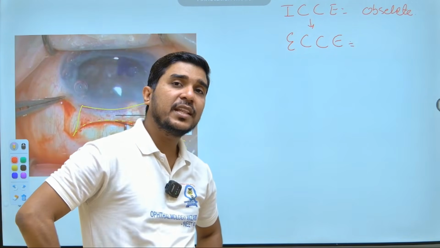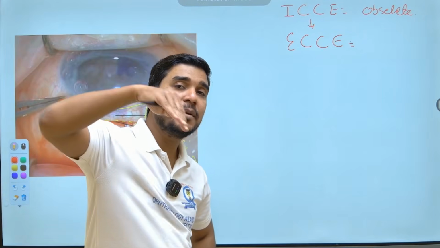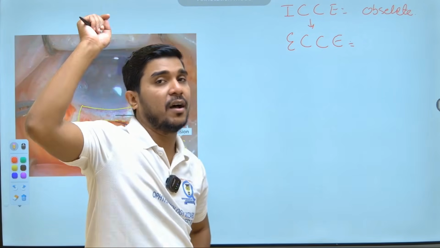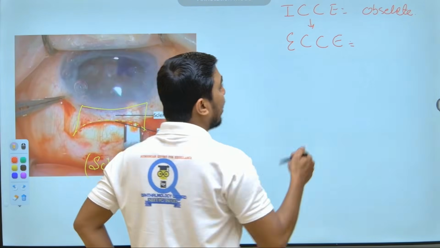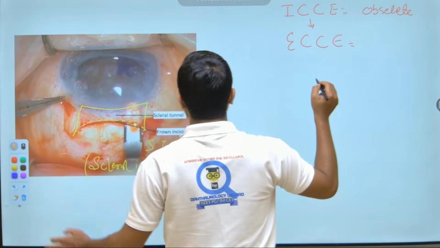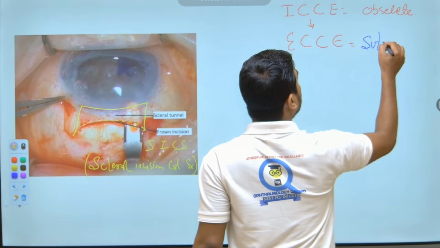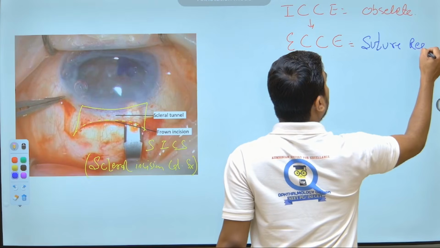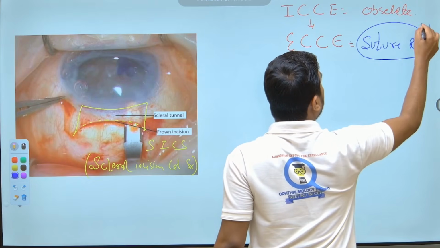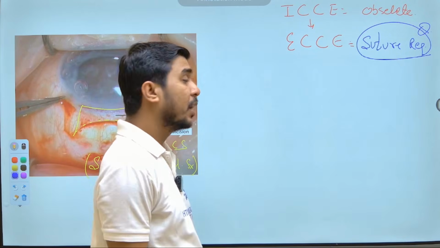In ECCE, we make a very big incision in the cornea, and that is why sutures are required after cataract surgery. Why am I writing this? Because this is a very important MCQ.